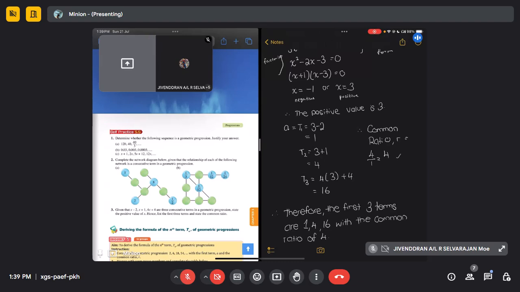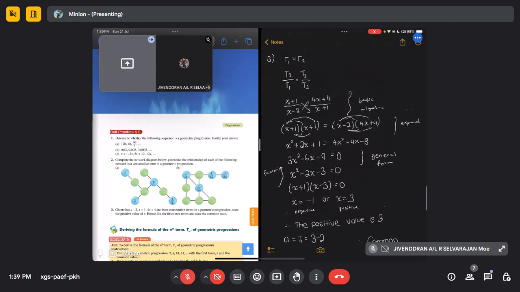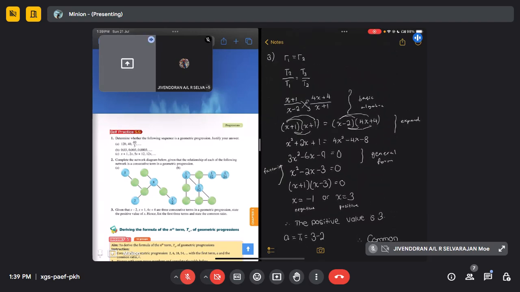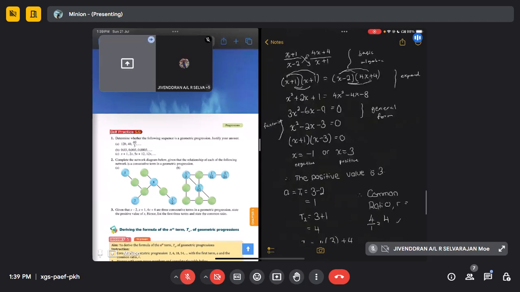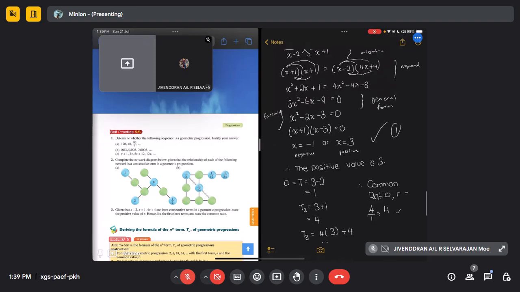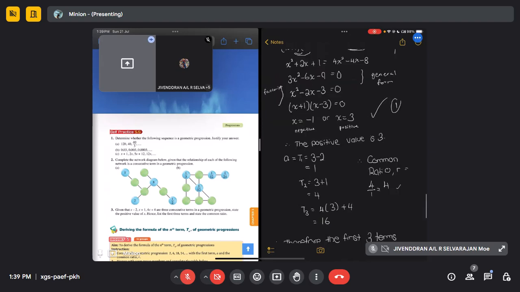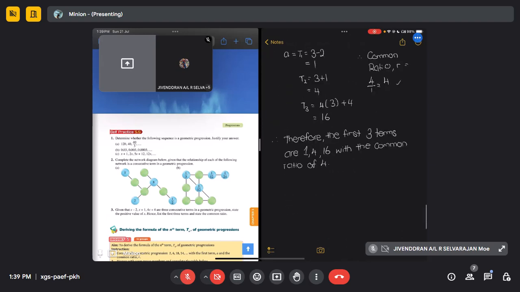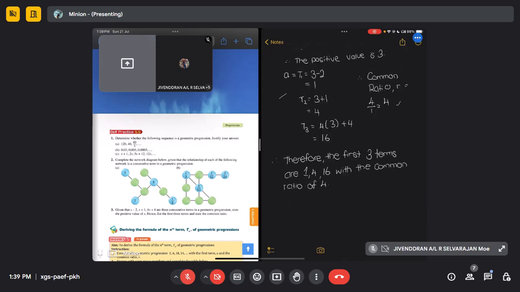Alright, so this is the full working for question number 3. So you see, based on how I did question number 3, they asked for the positive value of x, so I did the working, which is 3. Okay, this is the first mark. And then they want you to list 3 terms. I've listed 3 terms, 1, 2, 3.